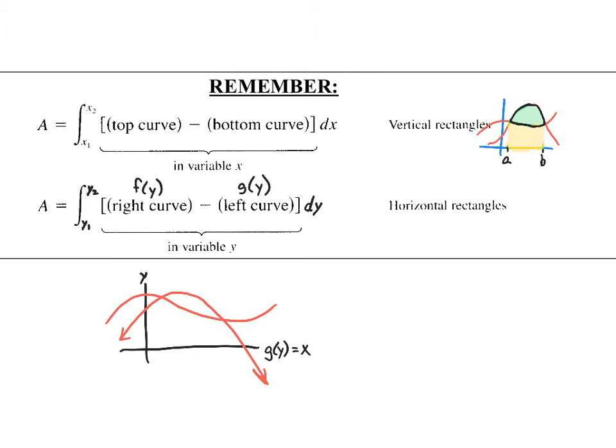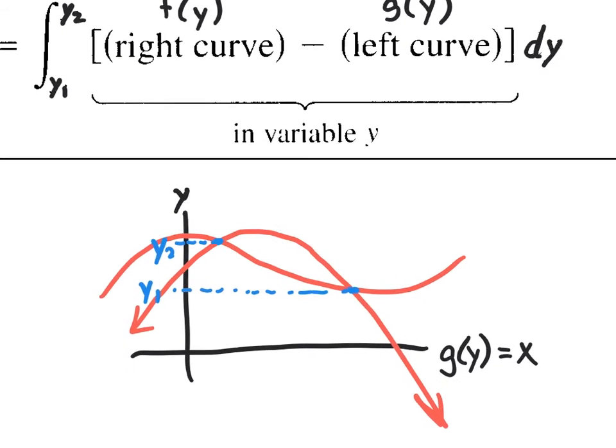And what we would do is look at the intersection points and look at what the y values are in those cases. So here's our y1 and here's our y2. I'll zoom in a little bit so we can see better. So now, check out what happens here.